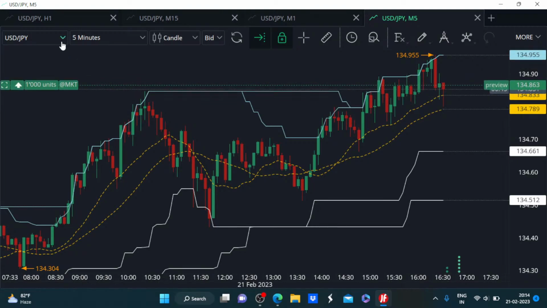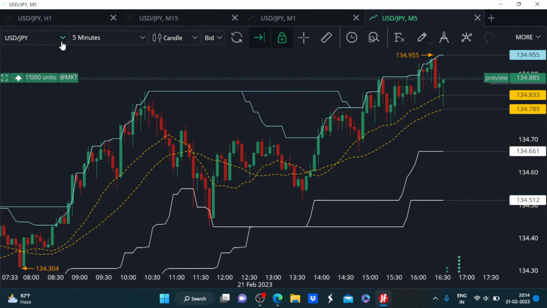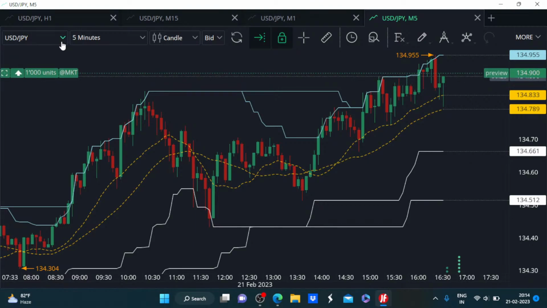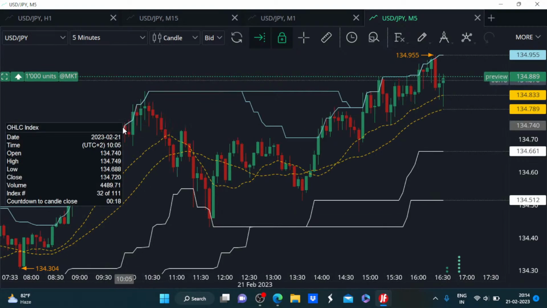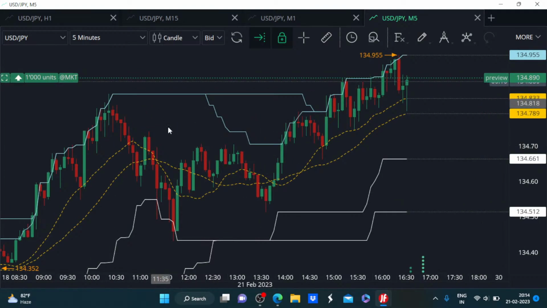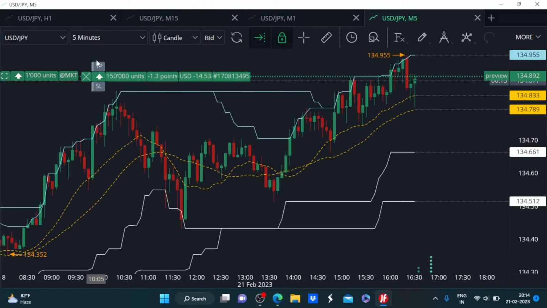So that possibility is quite strong, and we can keep the USD CAD as the first preference for a long trade to be taken ahead of the USD JPY as well. Now, if we have to take a new trade, as I said, we can give first preference to the USD CAD.